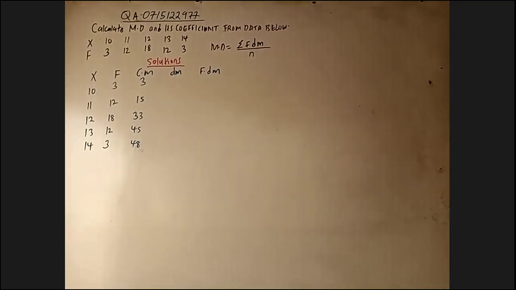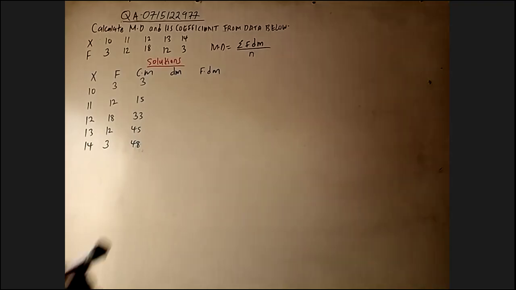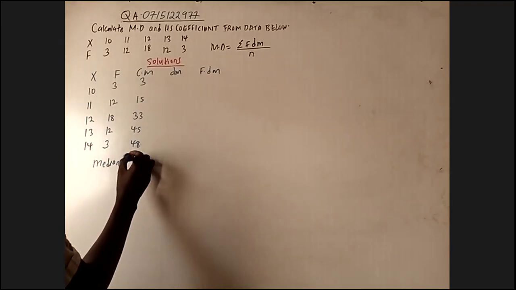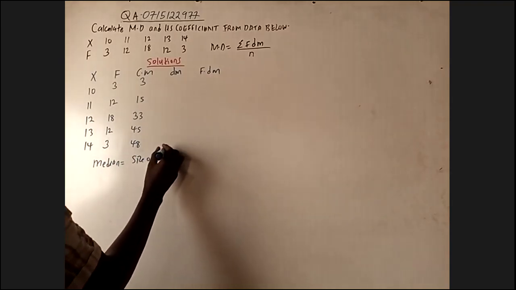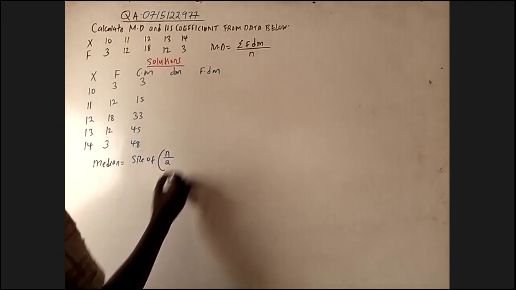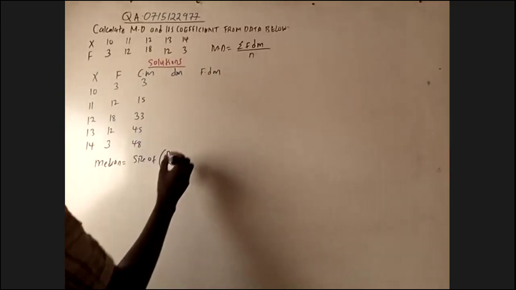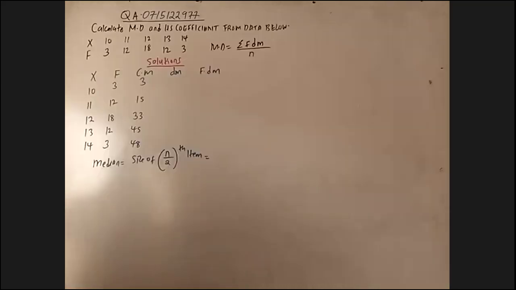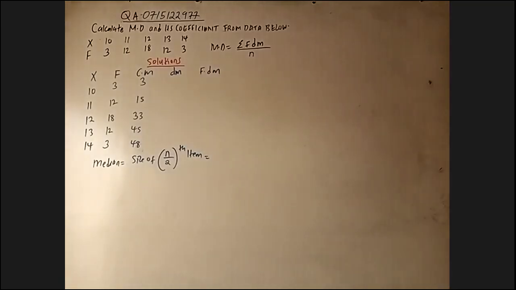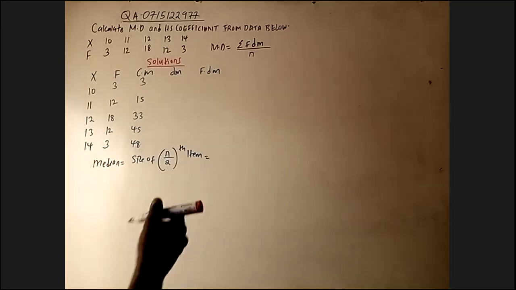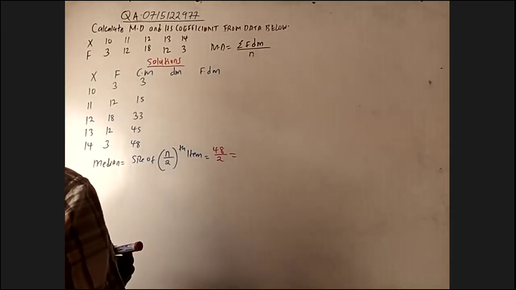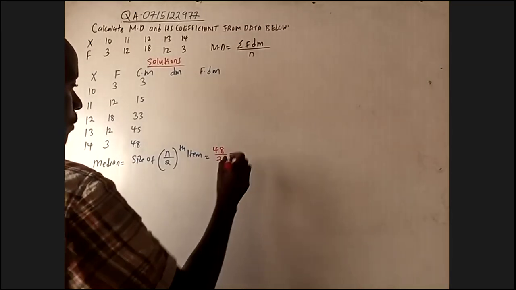Now we need to find the median. It will be the size of, is it n over 2 or n plus 1 over 2? N over 2. So it will be 48 divided by 2, which is 24.